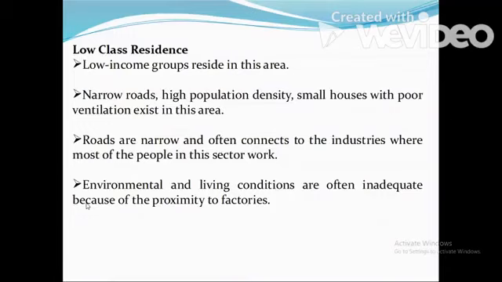So small houses and many people in those small houses, so population density is much higher. In these kinds of low maintenance houses, we see very poor ventilation and narrow roads, and somehow this connects to the industries. The living condition is not very good, but it is okay for the low class residences.